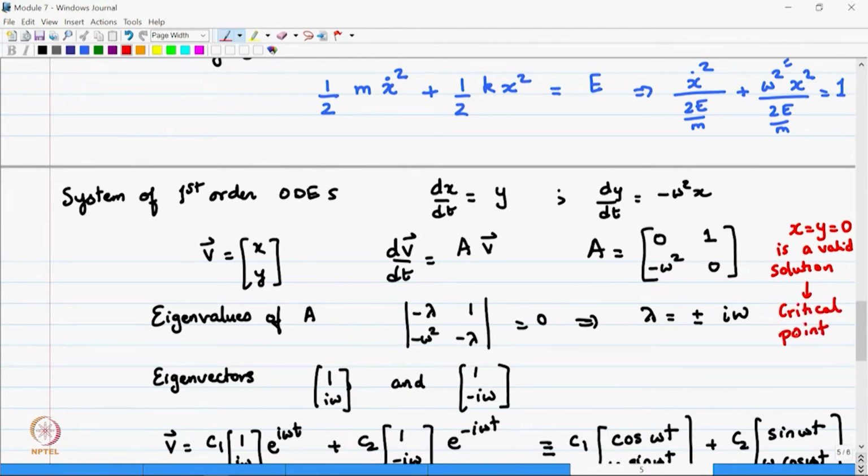So, x equal to y equal to 0 is a critical point, because once x equal to y equal to 0, then it cannot change.